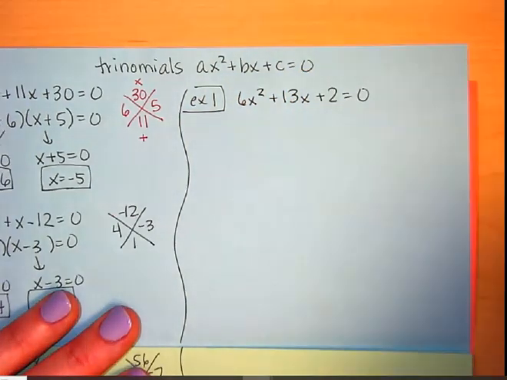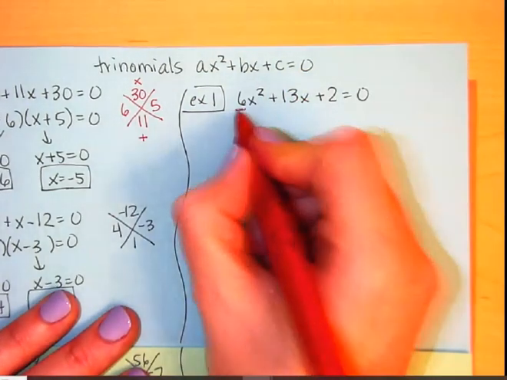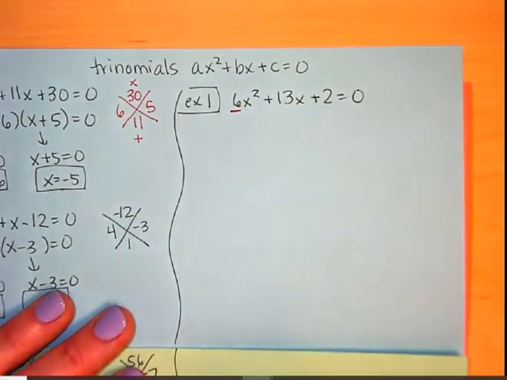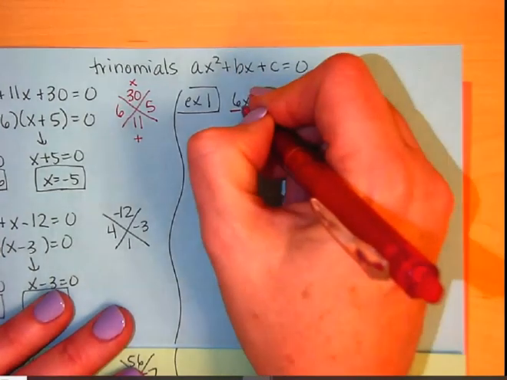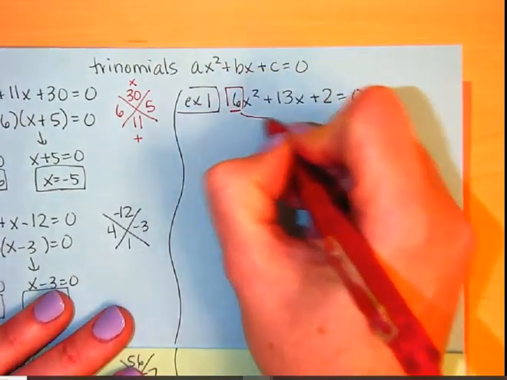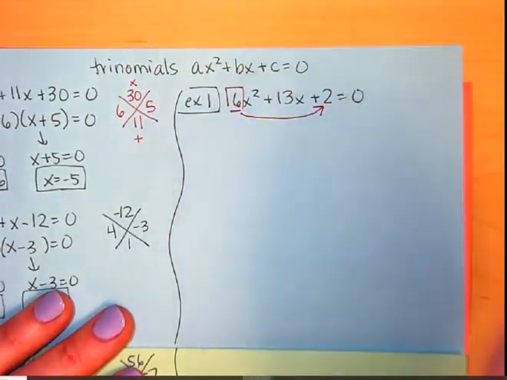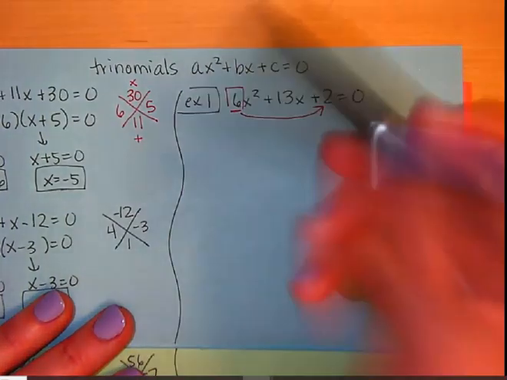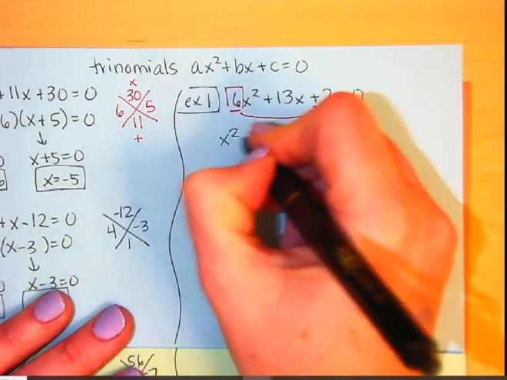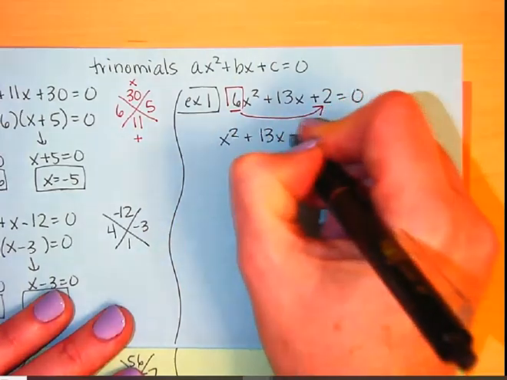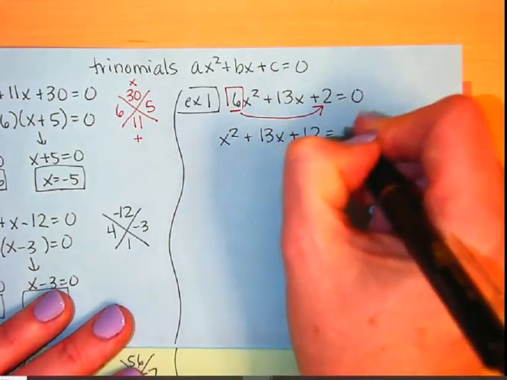So my a value is the 6 right here. So remember that this method is called slide and divide. So we start by taking the a and sliding it to the end and multiplying it by the 2. So that gives me x squared plus 13x plus 12 equals 0.